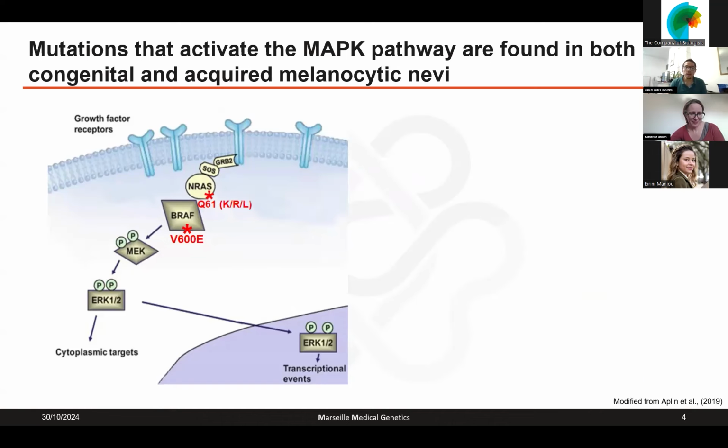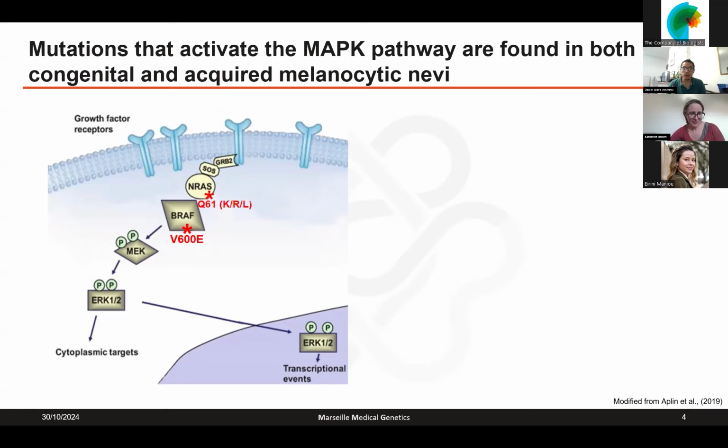For instance, BRAF mutations are commonly found in congenital and acquired melanocytic nevi of small sizes, whereas NRAS mutations are commonly found in congenital melanocytic nevi of medium and larger sizes. These exact same mutations are also found in melanoma. However, we know that the malignant transformation of these melanocytes is rare, but it has been documented.